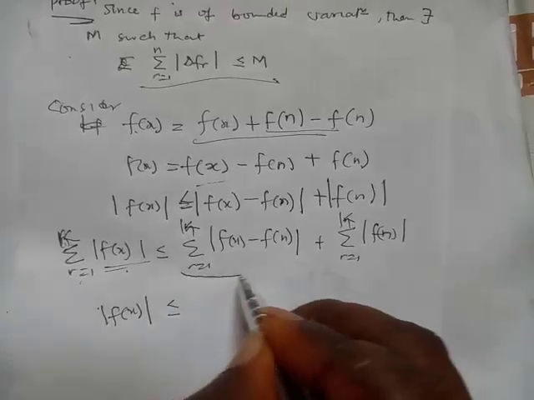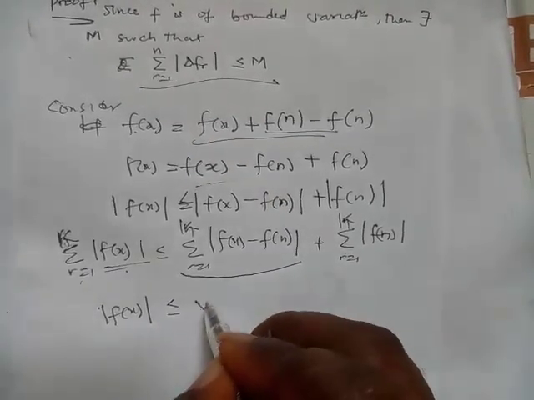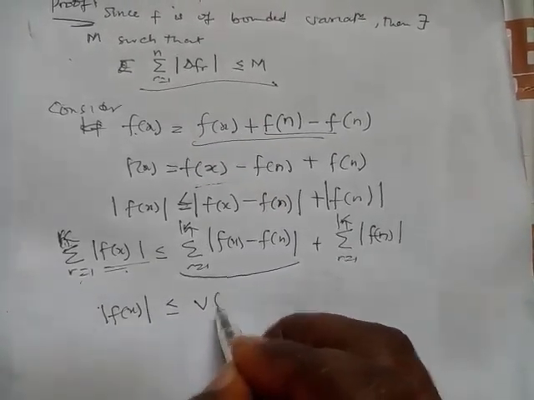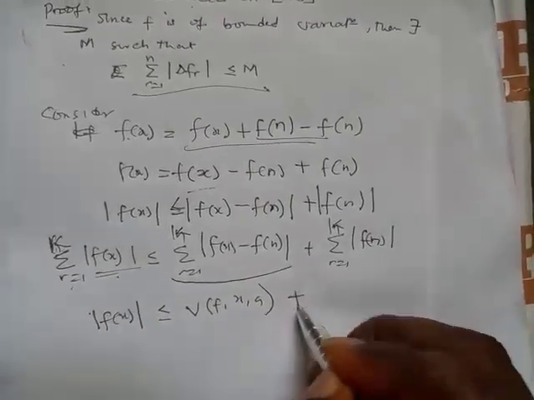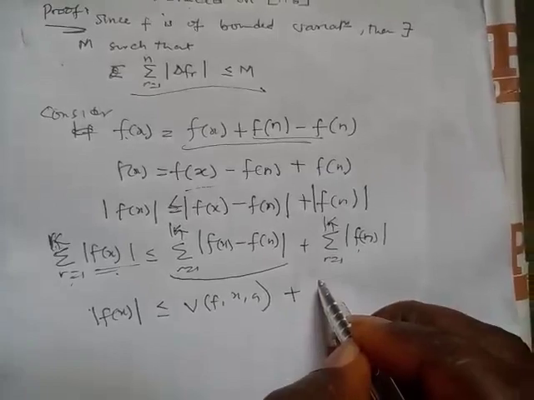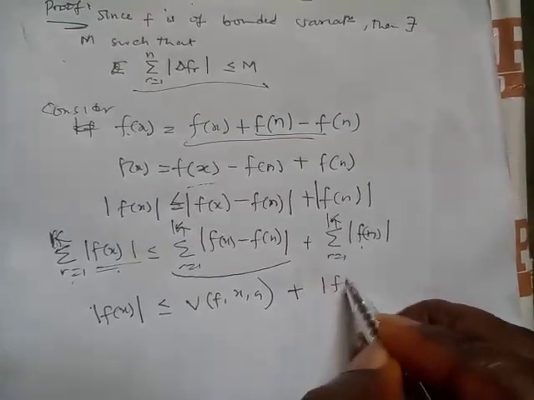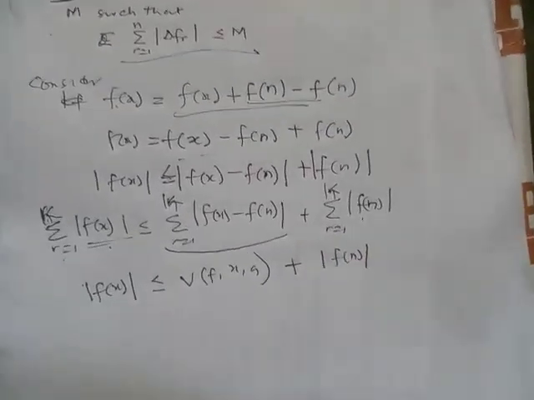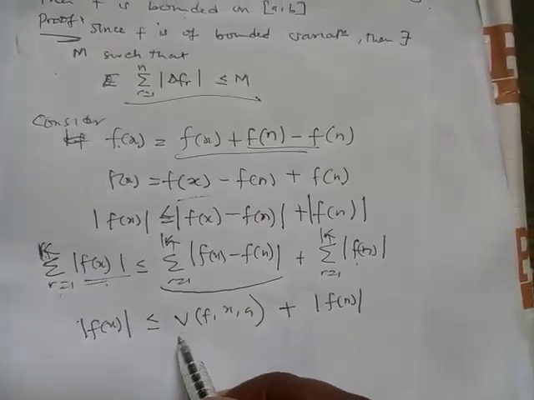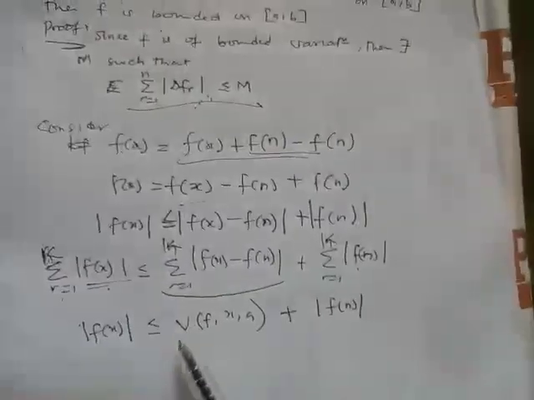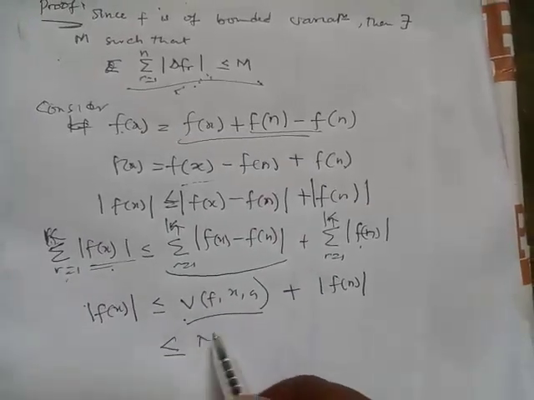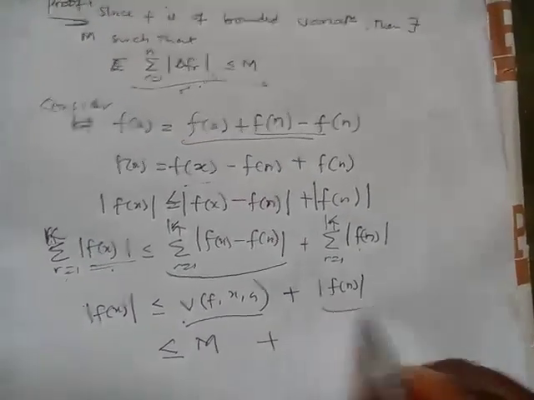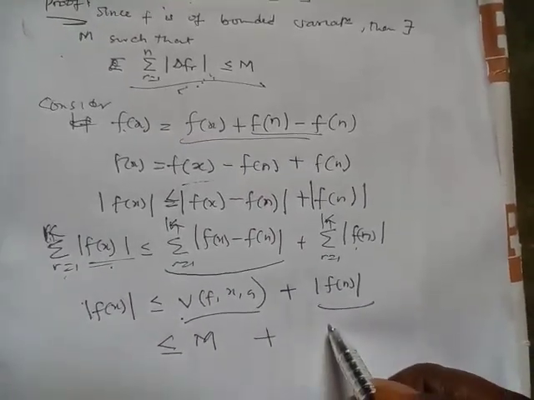Don't forget that this is just the variation function, f of x comma a. This is independent of r. So I can still write it as absolute value of f of a. But we know that this thing is just this. So this will be less than or equal to m. Let's assume that the whole of this is okay.